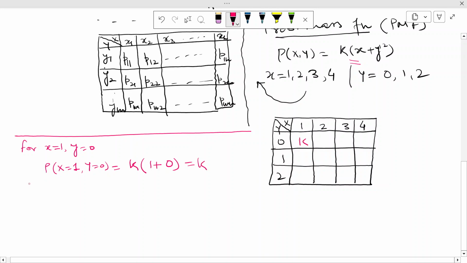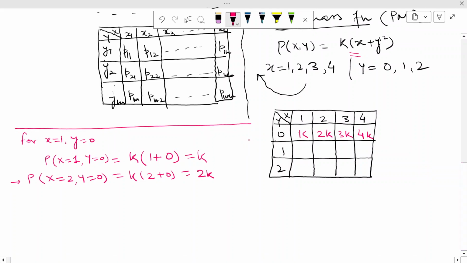Similarly, for next we can obtain the probability for x is equal to 2, y is equal to 0 as k times 2 plus 0, so this is 2k. So here we have 2k. Similarly, you can obtain here 3k, then 4k, because for this particular row the value of y is 0.